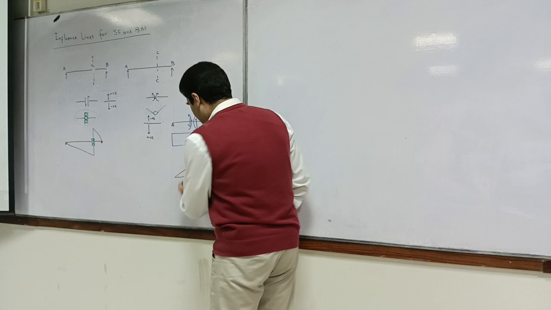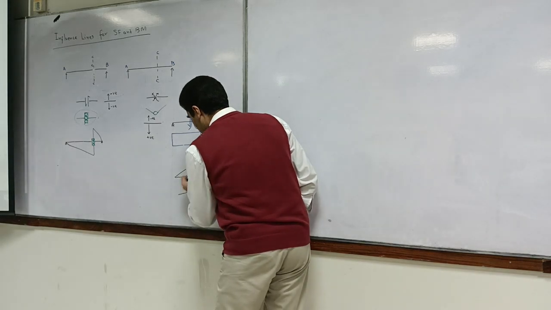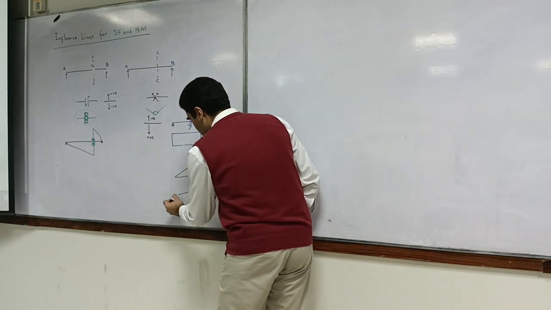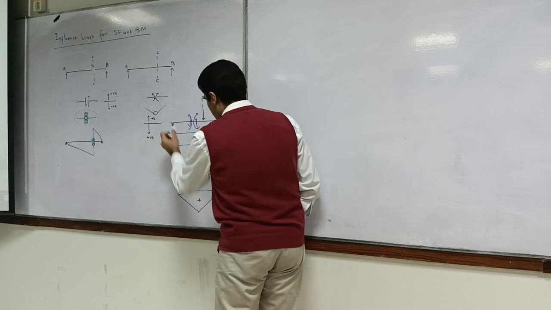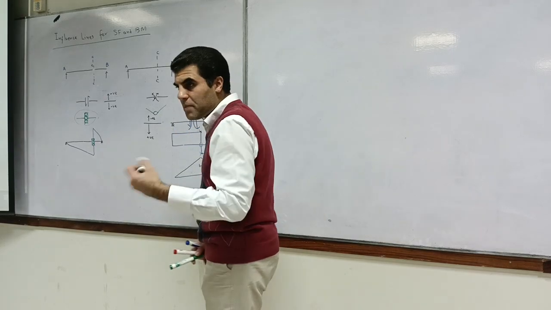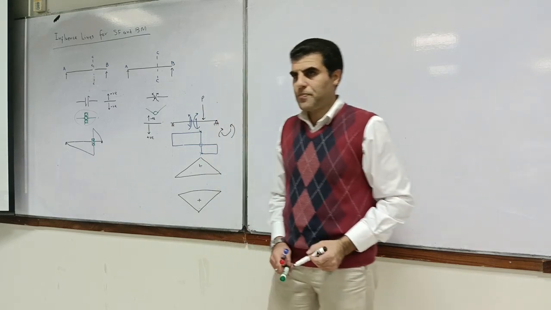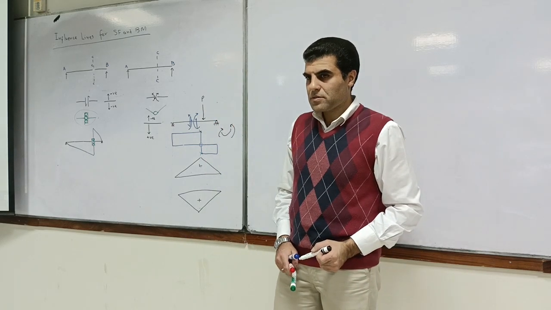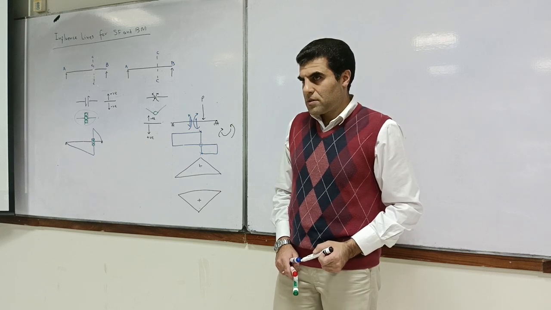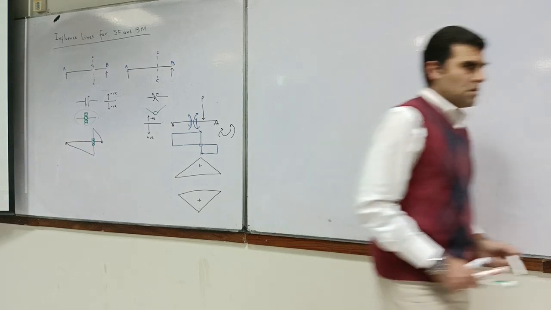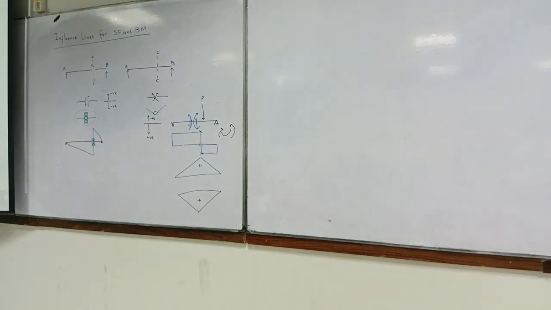But I can assume that my positive is not this one, it is this one. So I just draw it like this. But what will happen is that its deformed shape and the moments will be in the same direction. Okay? So does it make sense?